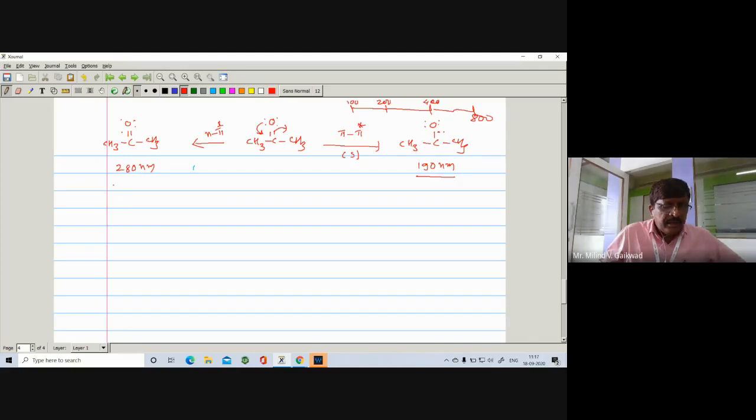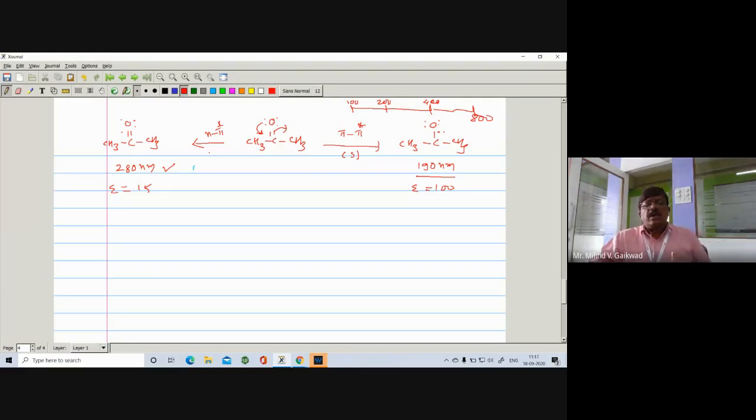But here the extinction coefficient is 15, and the other extinction coefficient is 100. Even though it appears at 280, the band due to n to pi star appears in the ultraviolet region, even though the two pi bonds are not in conjugation.